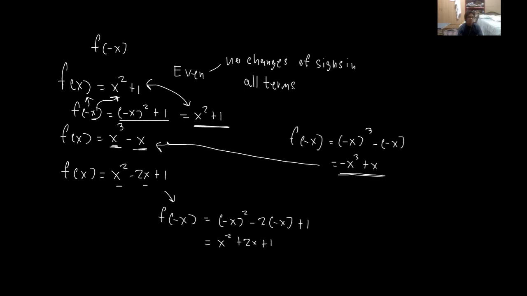What's the difference between the original function and the function where the input is negative x? So you see, each term changed its sign. This one is positive, right? Because this one is negative. Look at this. This is negative, this is positive. The x cubed is positive, but here it is negative. Here it is negative, but here it is positive.